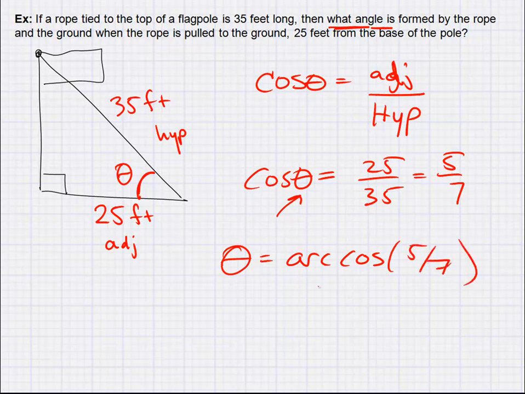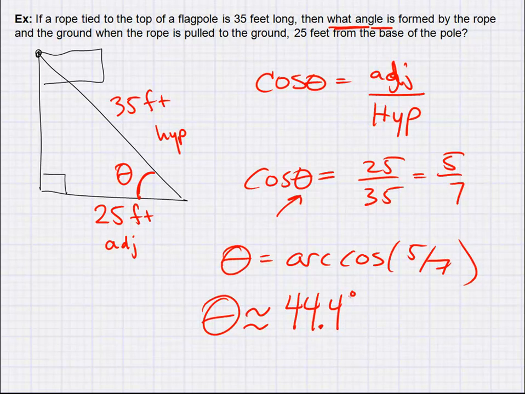And while that is the exact value for theta, that does not give you an idea of what angle theta is. So what you're probably going to want to do is plug this into your calculator, which you're going to just then have to write a decimal version, which would then be an estimate, because you're going to round that decimal, and the arc cosine of 5/7 is 44.4 degrees.